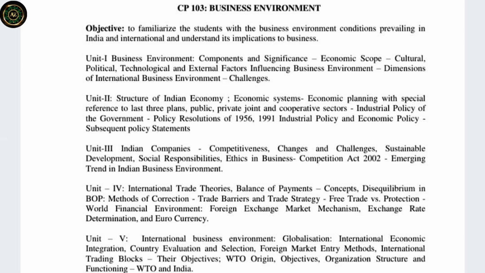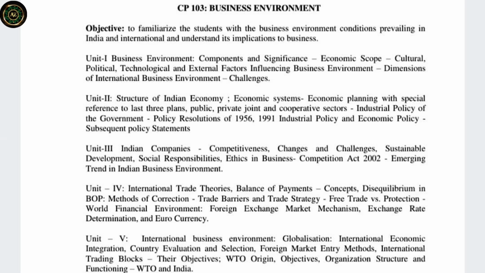CP 103, Business Environment. Objective: to familiarize the students with the business environment conditions prevailing in India and internationally and understand their implications to business. Unit 1: Business Environment, Components and Significance, Economic, Social, Cultural, Political, Technological and External Factors Influencing Business Environment, Dimensions of International Business Environment Challenges.